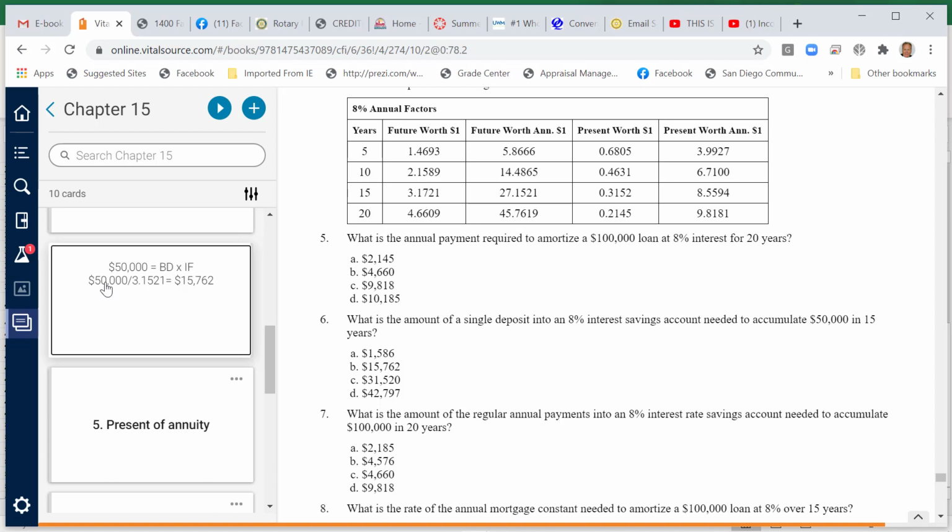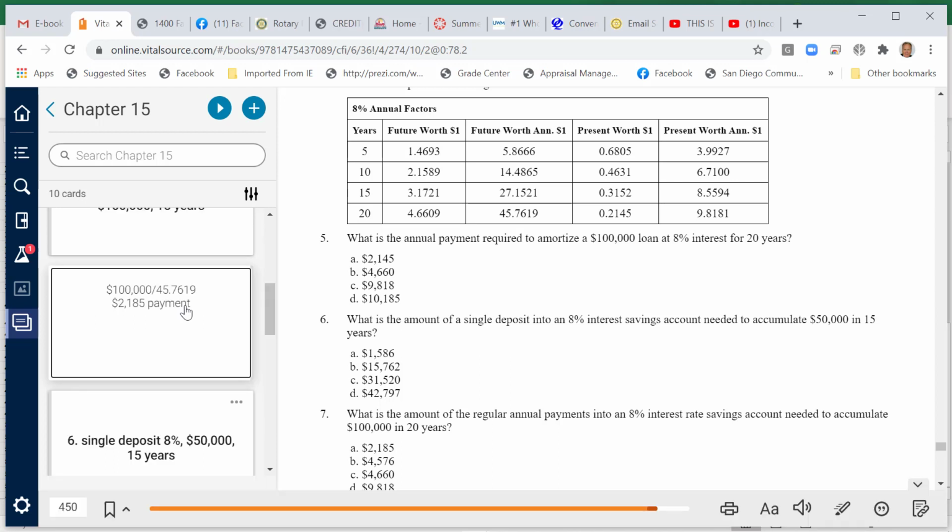So just take your end value desired, divided by the factor, 3.1721, and that'll give you the amount you have to put in the bank today, $15,762, and wait 15 years at 8% interest to accumulate $50,000.